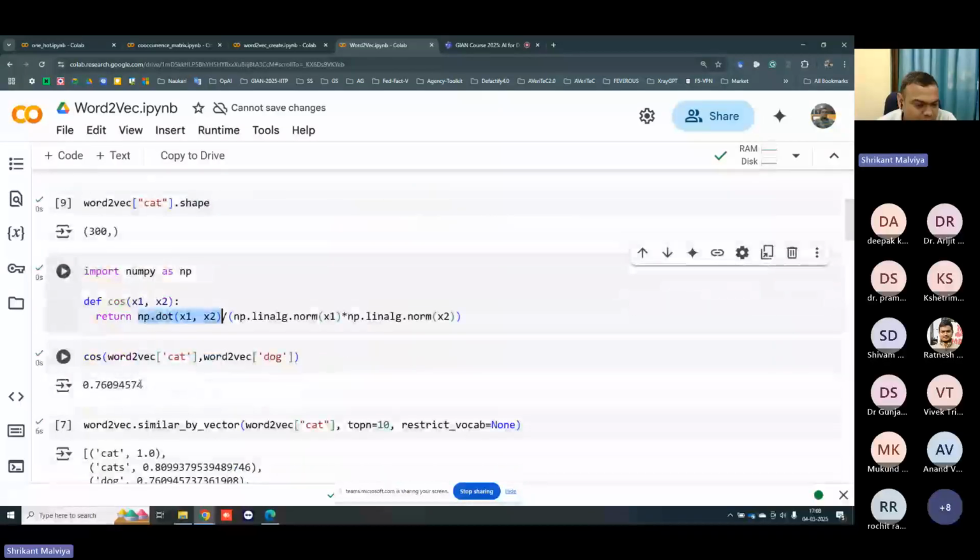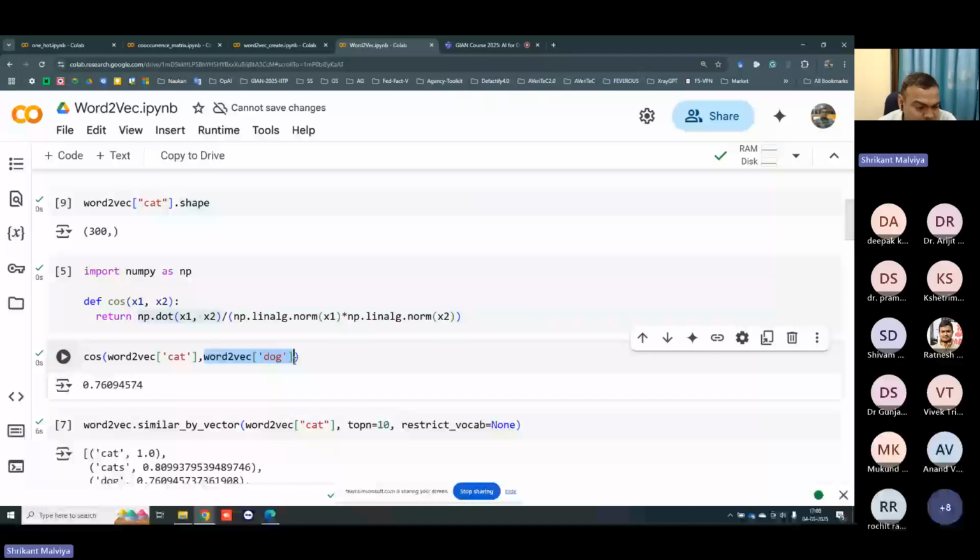If you get the vector of cat, get the vector of dog, and find out the cosine similarity, you will get this value 0.76, which says that the cat and dog keywords are used in the corpus in a more interchangeable way. So they have some similarity, kind of animals, and occur in text closer to each other.